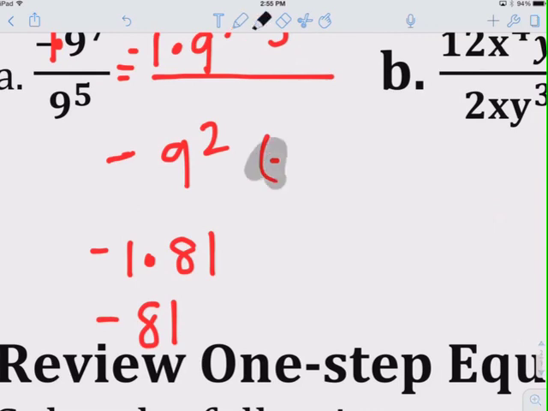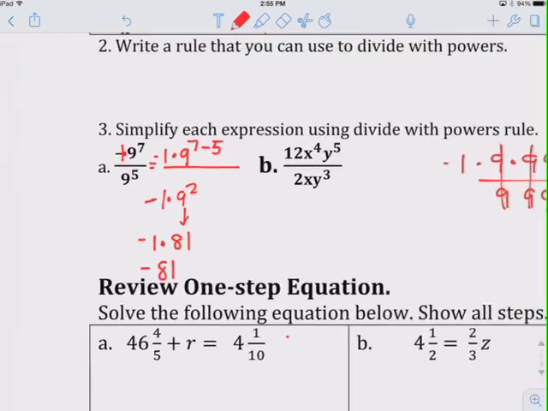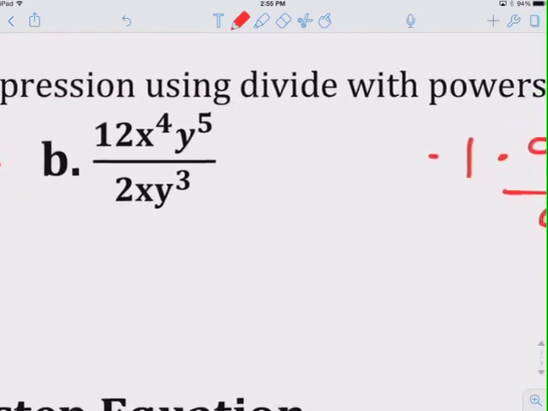Instead, it's a positive 9 times a positive 9, and then you multiply it by negative 1. You always do the exponent first. You understand? Yes. Order of operations. Okay?